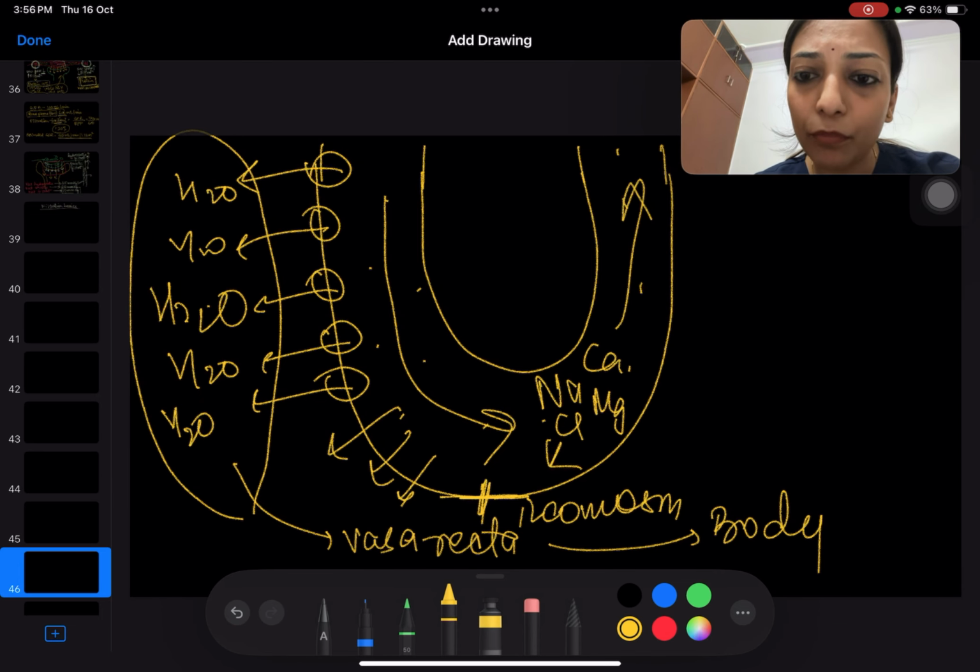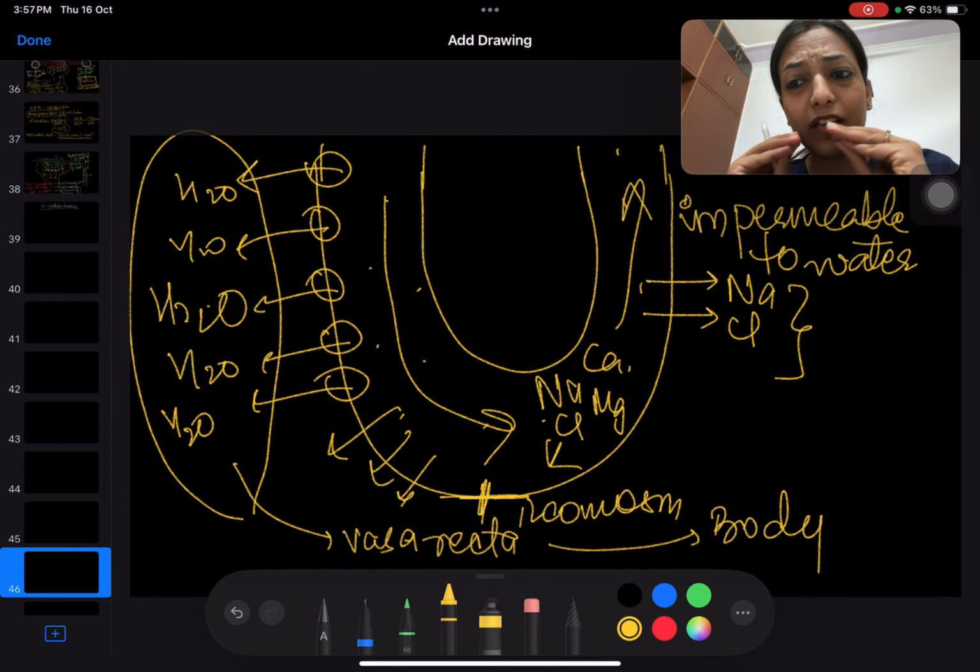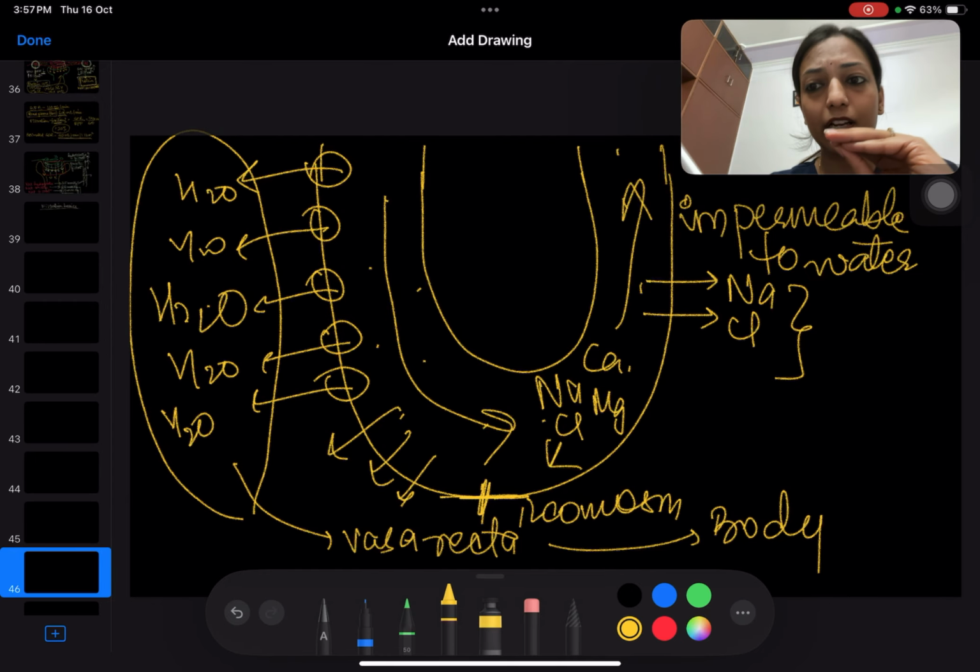It had water, sodium, chloride, potassium, calcium, and many other things, and waste products. Now water we have taken, and now we have also taken NaCl. Whatever less is left, that is going to reach the DCT and collecting duct. From there, how absorption occurs, how calcium, how other things, and under the influence of ADH how water gets reabsorbed, that I've already explained in I think the first lecture.